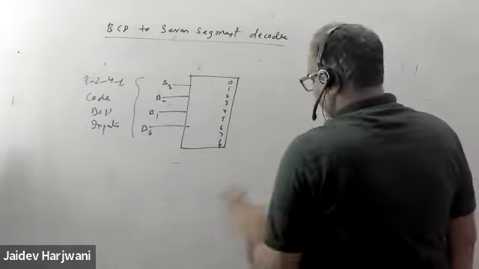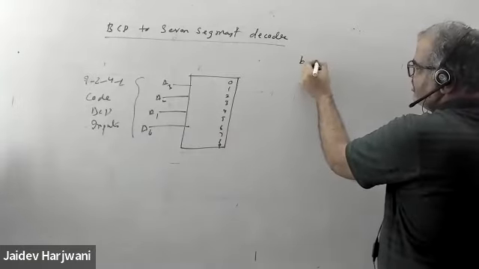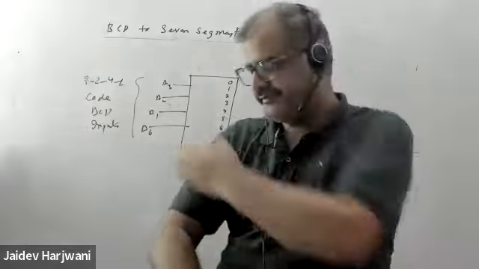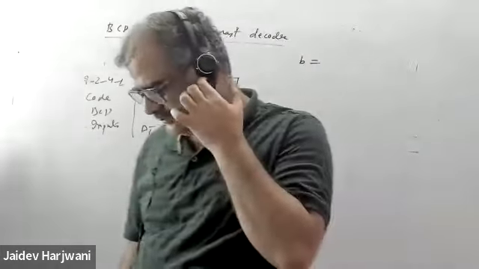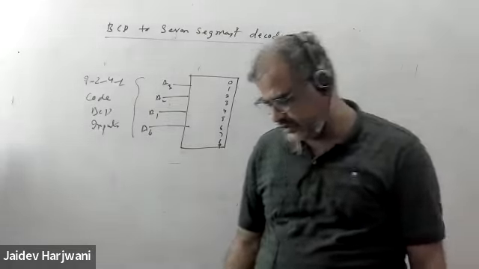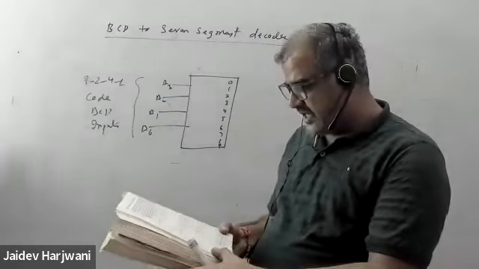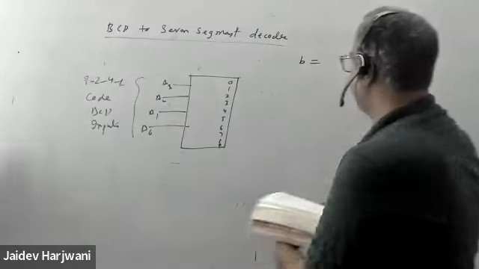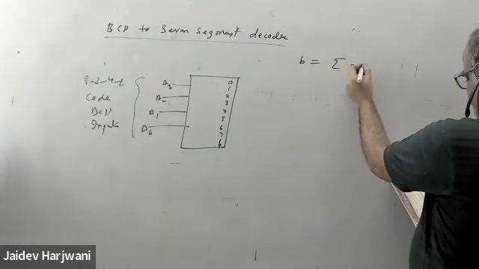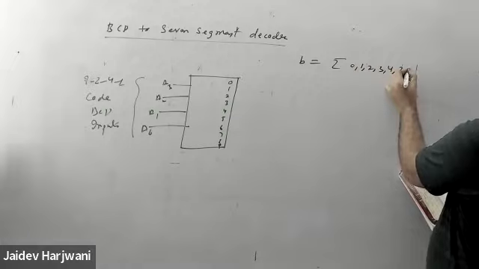For example, now you have the table. Tell me, what is the function for B? In B, you have the min terms 0, 1, 2, 3, 4, 7, 8, 9 present.